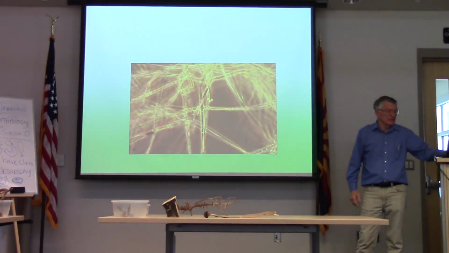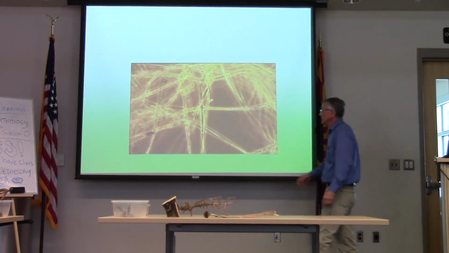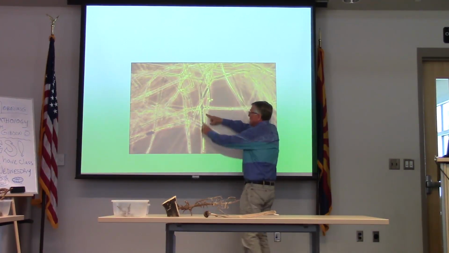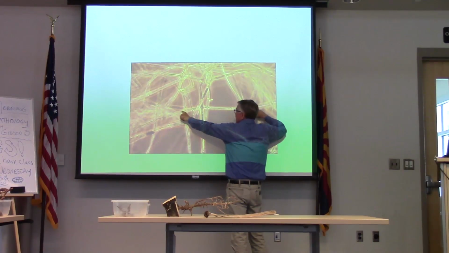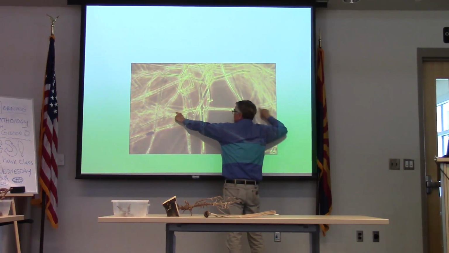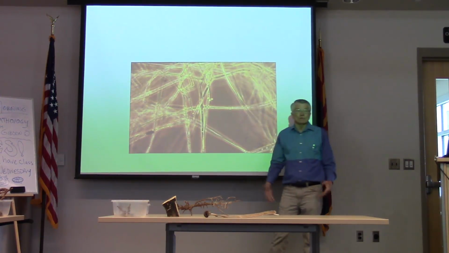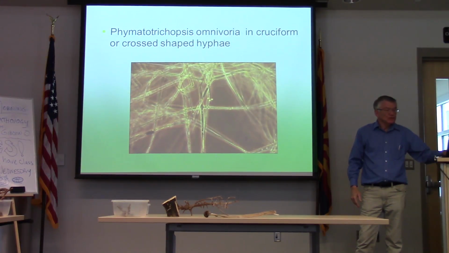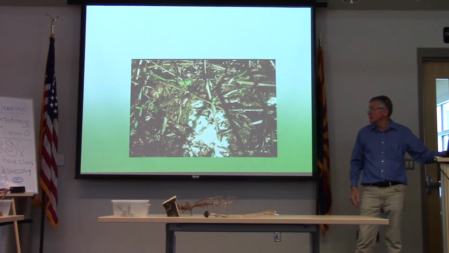It was devastating. Another way to tell the Texas root rot, cotton root rot fungus is that it will have connections coming out at 90 degrees. Have one strand coming this way, it'll branch out at 90 degrees. They call it a cruciform structure. Cross-shaped hyphae. The hyphae are the individual strands of the fungus. Another spore mat here.